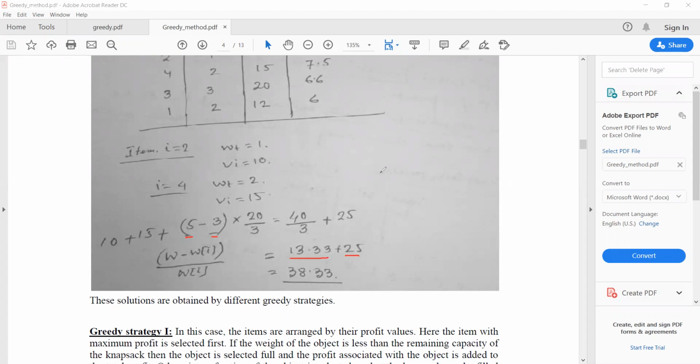Oh, it is 13.2. I'm sorry, I got it as 13.2. But once you take twice of 2 by 3 of 20, it is 40 by 3. 40 by 3 is around 13.33.